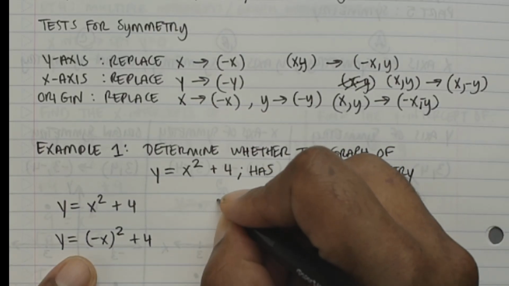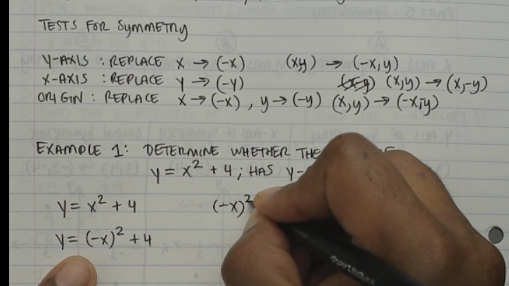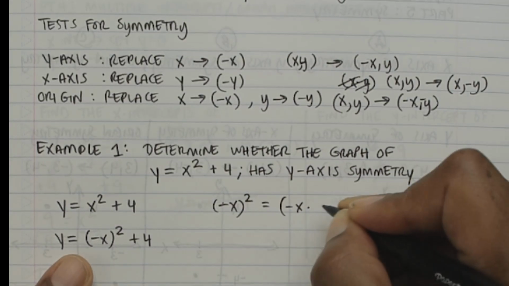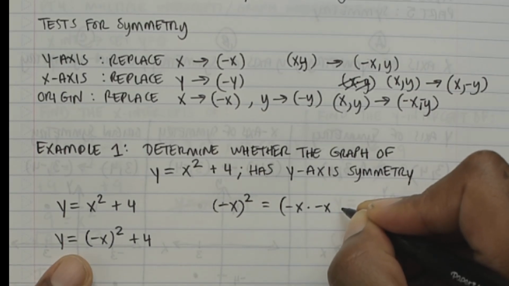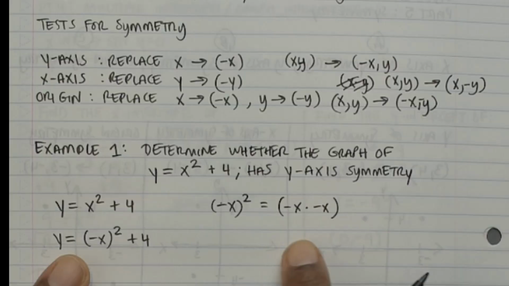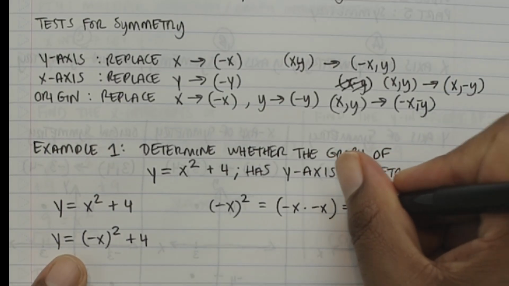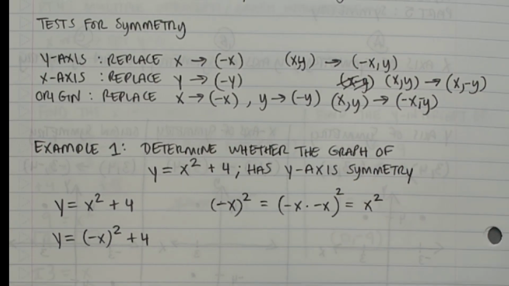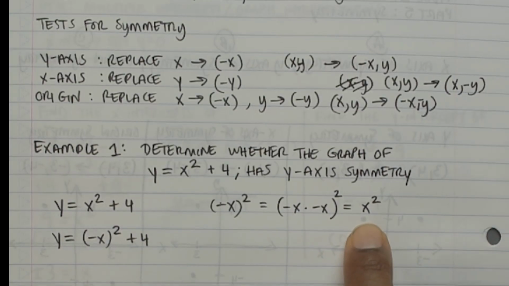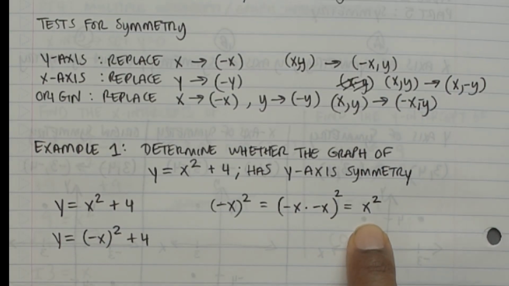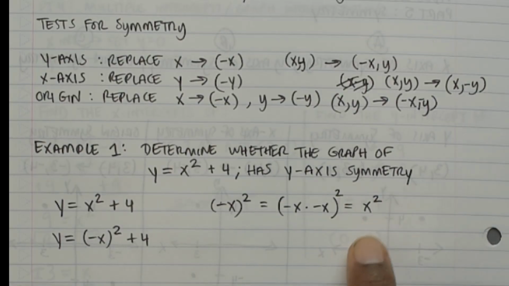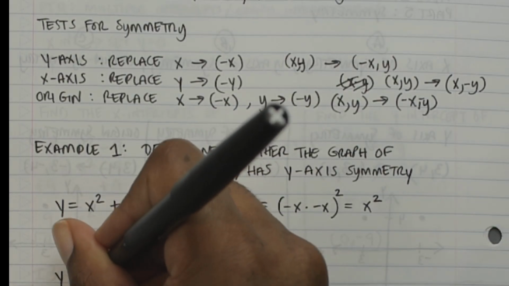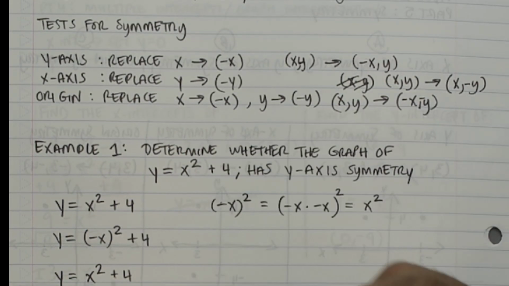Now, negative x squared is the same as negative x times negative x. A negative times a negative is going to give you a positive. So negative x squared is x squared. So if we do this, we end up with y equals x squared plus 4.